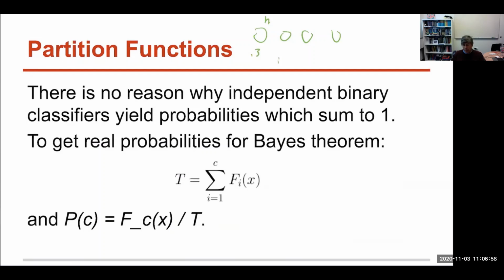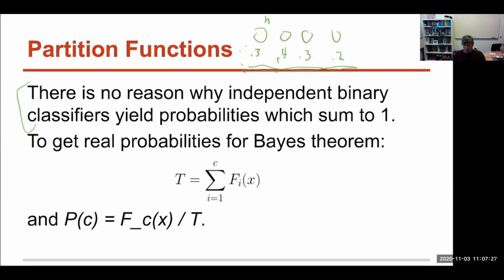The probability of being in class B might be 0.4. The next class might be 0.3. The next one might be 0.2. These probabilities don't necessarily add up to 1. You need some kind of normalization, some kind of adjustment, in order to convert these probabilities so they sum to 1.